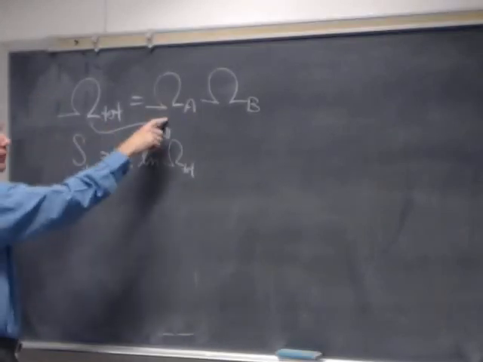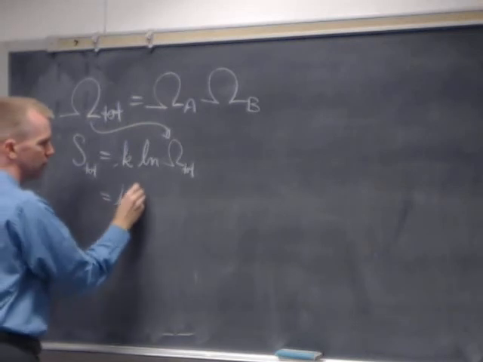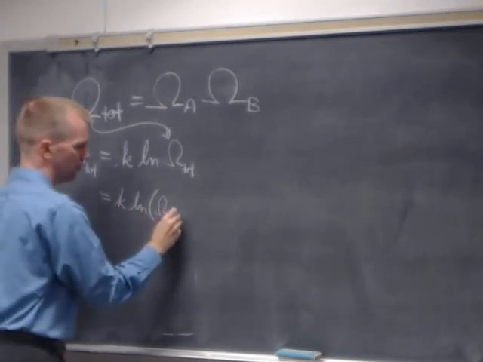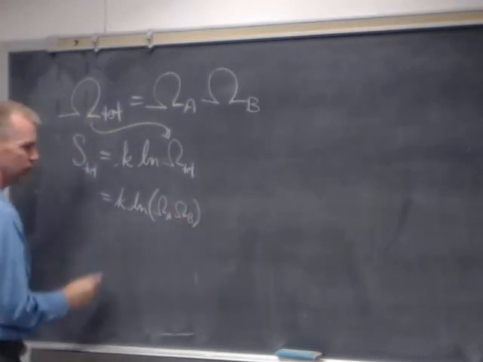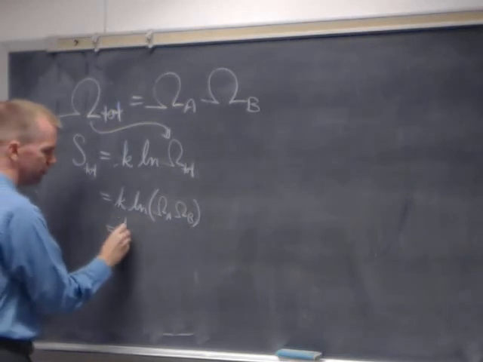But if I put in that this is the product of the individual multiplicities, take the natural log, you wind up adding those.